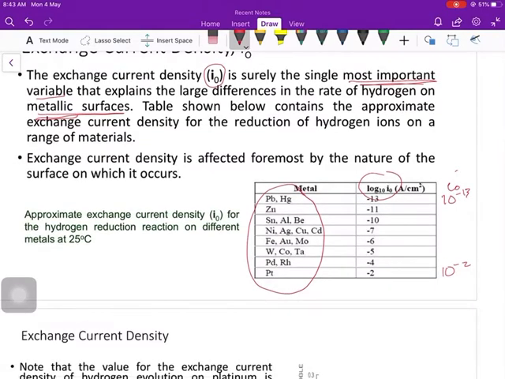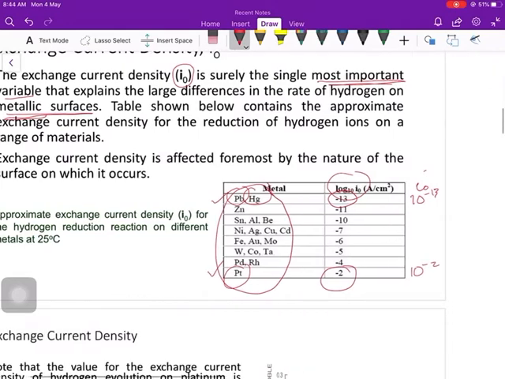This is an example of hydrogen evolution on several materials. The top in the list is lead, mercury, and the lowest is platinum.